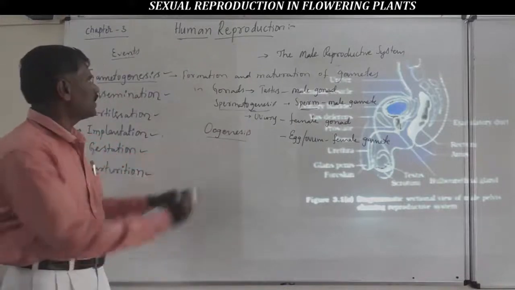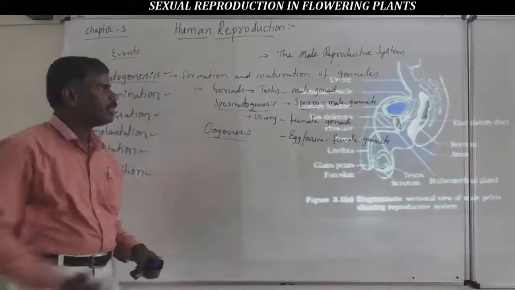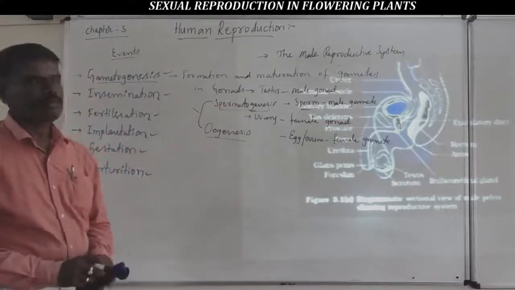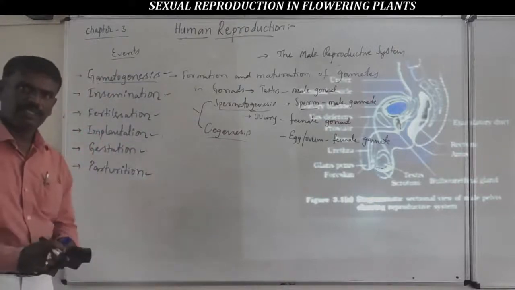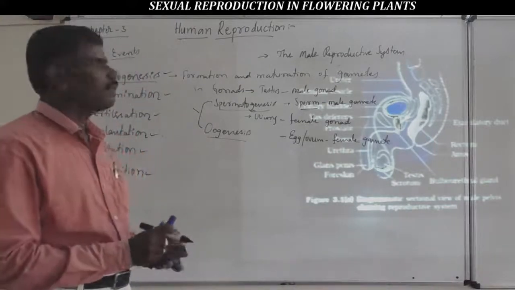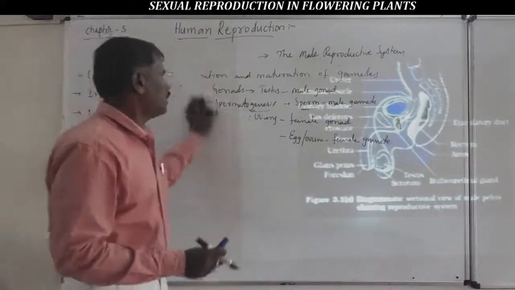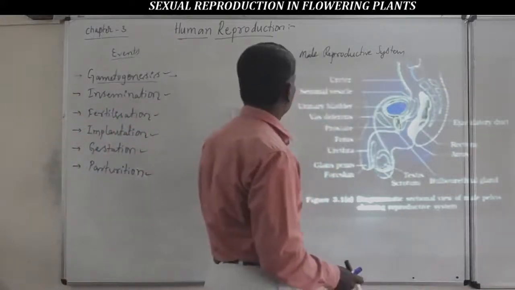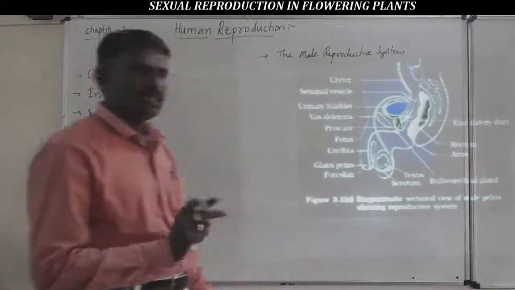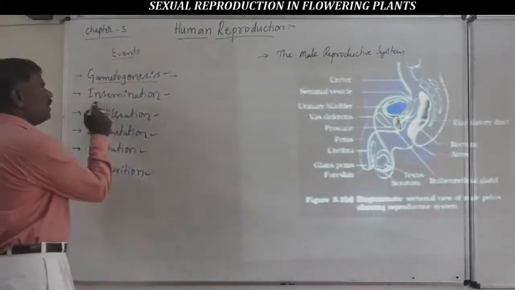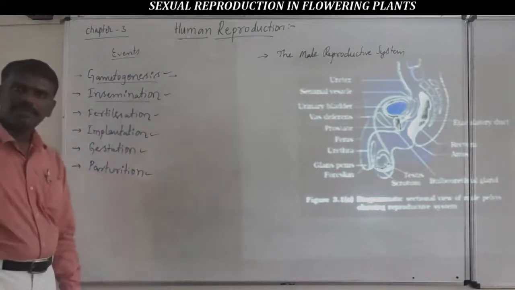Spermatogenesis and oogenesis are the two types of gametogenesis. It is the first event of human reproduction, in which gametes are produced in gonads.